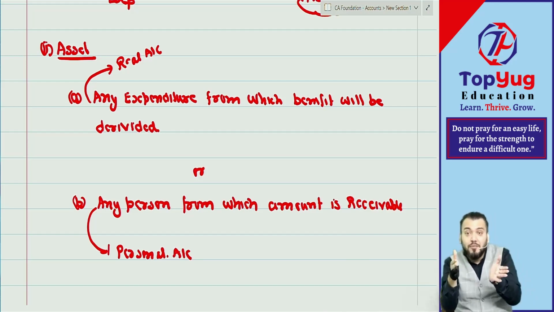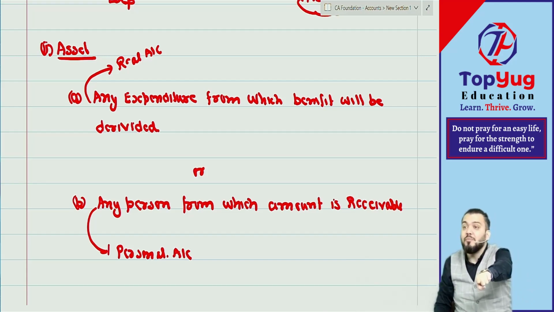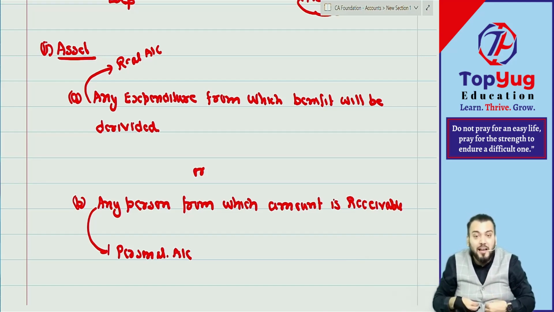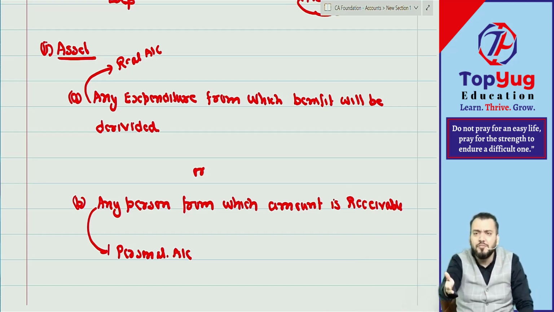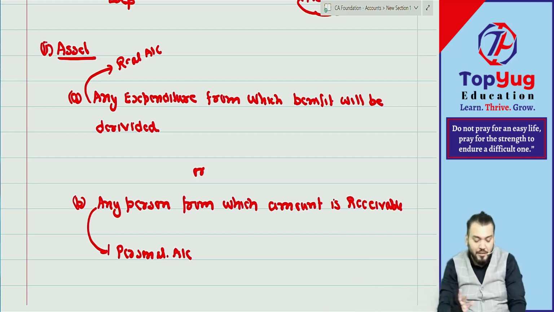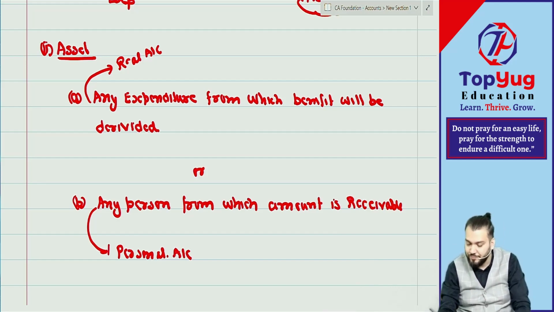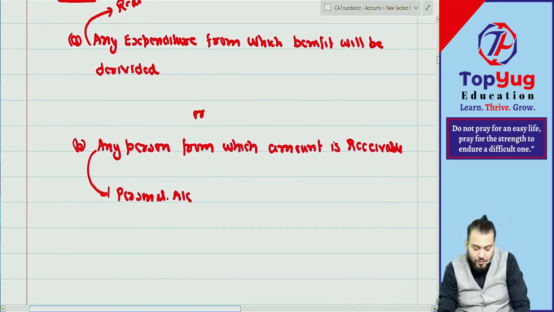So whenever we write down bank account, that bank balance is a personal account, amount receivable from bank. So that amount receivable from bank is my asset. It can be a bank, it can be any individual. Are you able to understand? Got it? I think asset also you have understood.